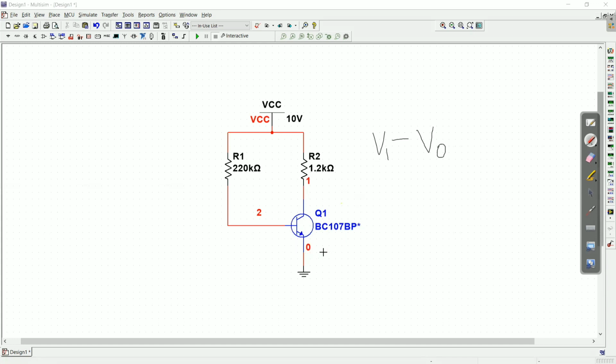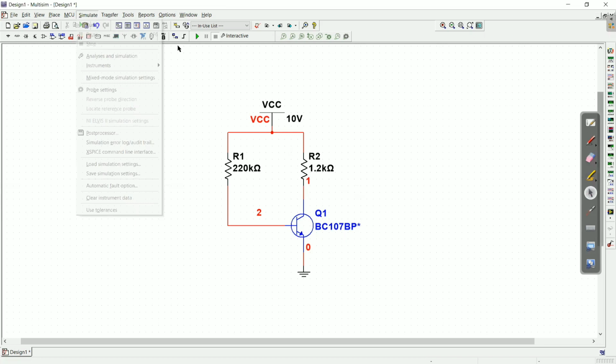We know that V0 is equal to 0, so finding V1 is enough to find VCE. Let's find it.